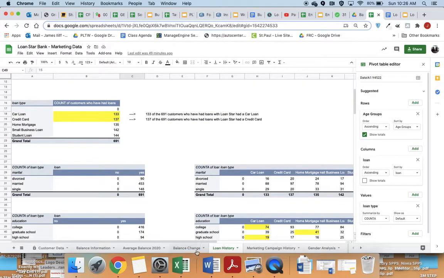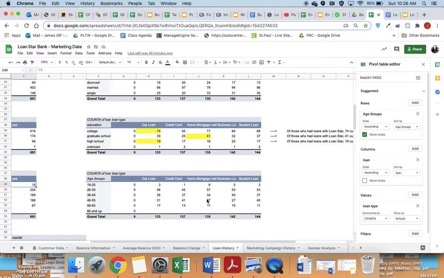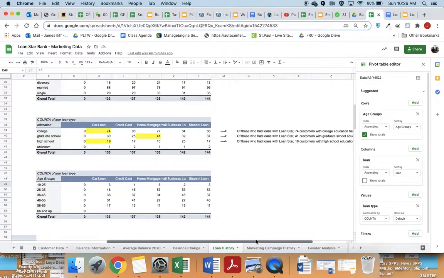What's over here? Let's look at this one. So loan type, oh, this one's interesting. This one says it plays on two variables. It says, hey, people who have a college education, what type of loan did they take out?